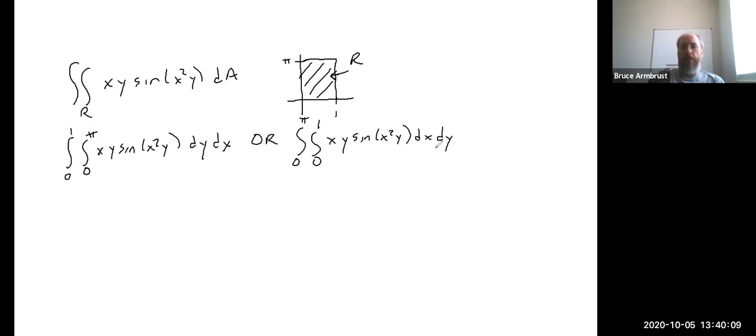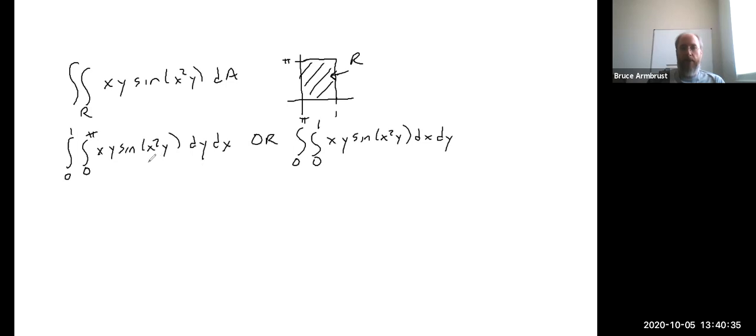So that's the second one. If we let u equal x squared y, then du is 2xy. Remember, y is constant, so it'll be 2xy. So we're only off by 2. Yep, you're definitely right. If we choose the second one, we can do a u sub.